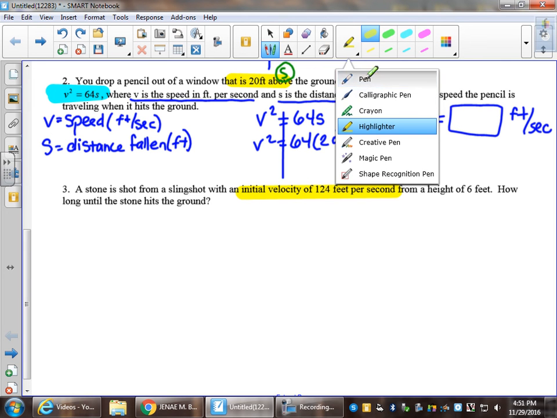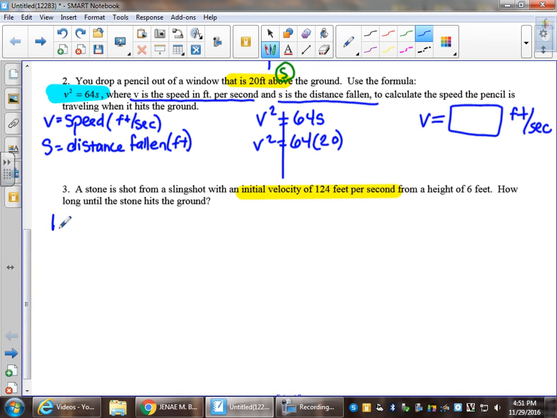So right away, I know that I will build my own thrown object model, which is h of t equals negative 16t squared plus v naught t plus h naught, where we need to have values for the initial height, velocity, and what I'm being asked for.